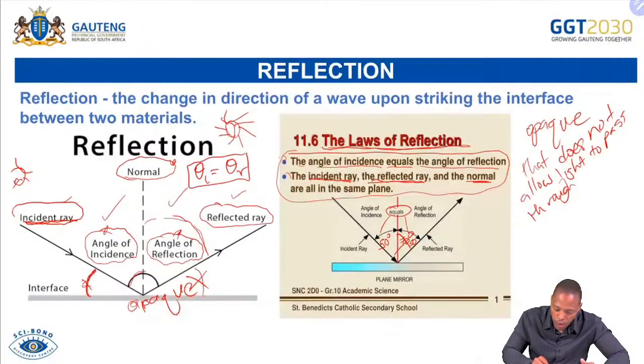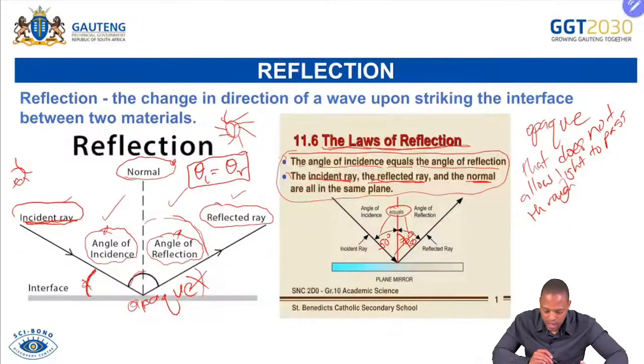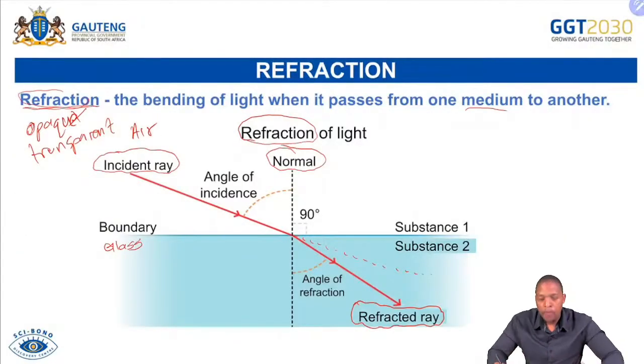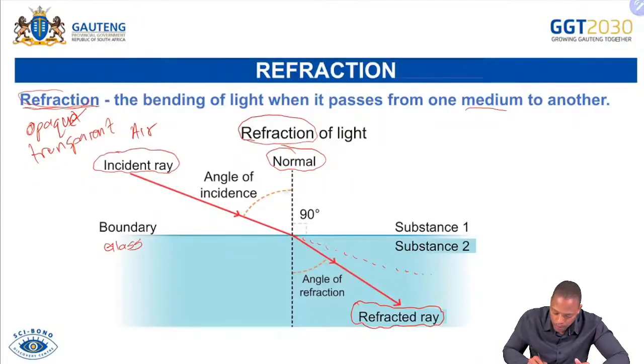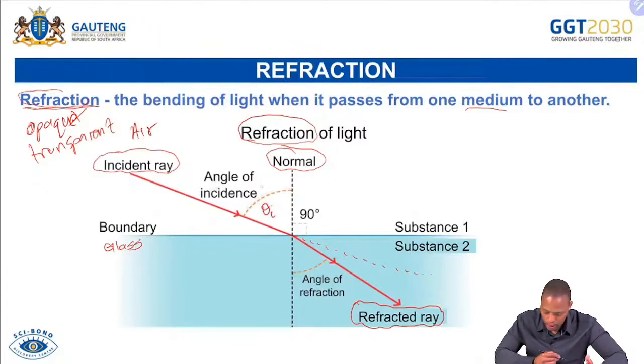So this is always the case for reflection. So is it always the case as well for refraction? That is not the case for refraction. Okay, so we have the angle from the normal to the incident. We can call it theta I as well. It is called the angle of incidence again. Okay, then here we can call this one theta R. Okay, again, this one is the angle of refraction.